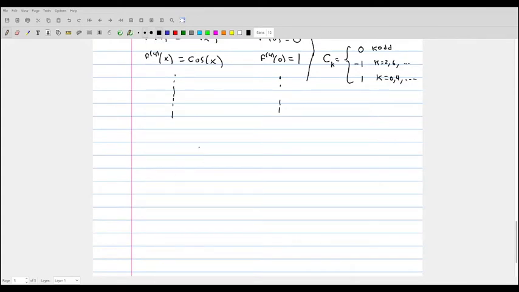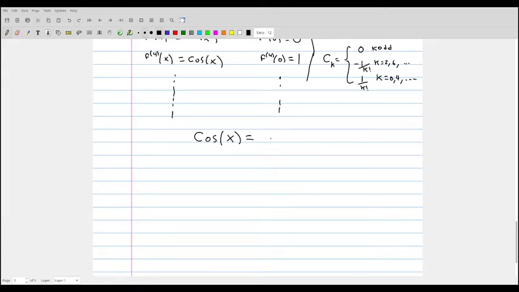Which means that our Taylor series for the cosine function is going to be the following. It'll be cosine at 0 plus, and we also need that ck, remember, is the derivative over k factorial, so you have to include k factorial here as well.